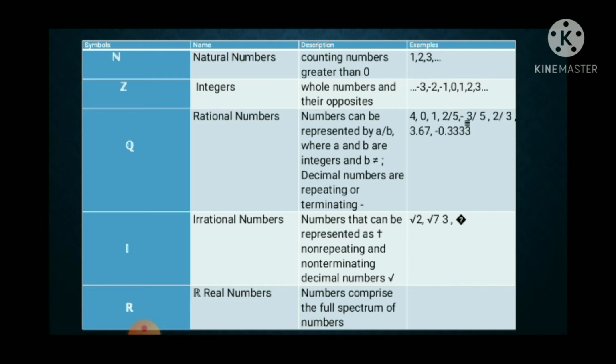Next symbol is R. It is called the real numbers. It is described as the numbers comprise the full spectrum of numbers. So, real numbers comprise the whole spectrum, the natural numbers, integers, rational numbers, irrational numbers. That is called the real numbers.